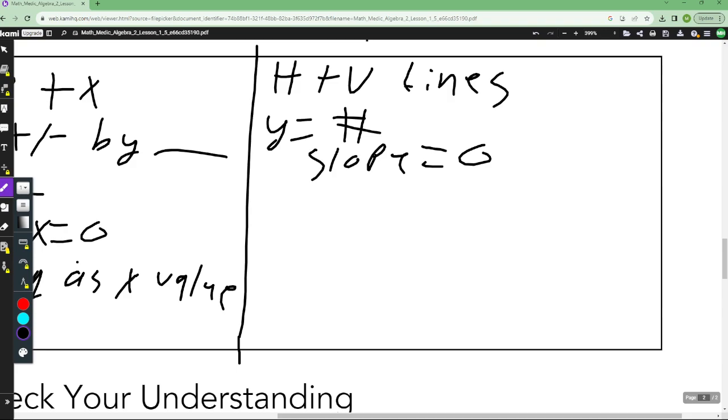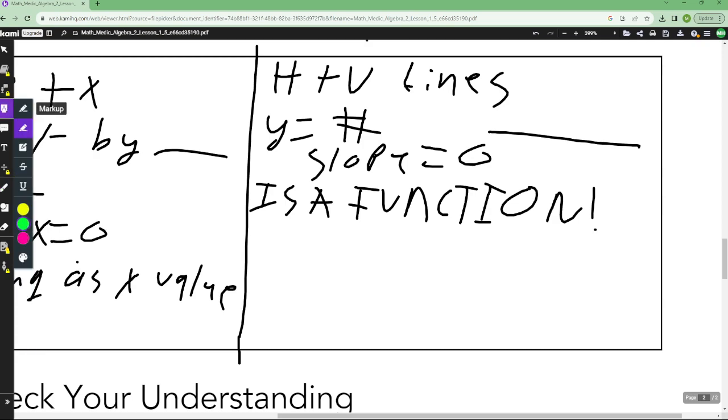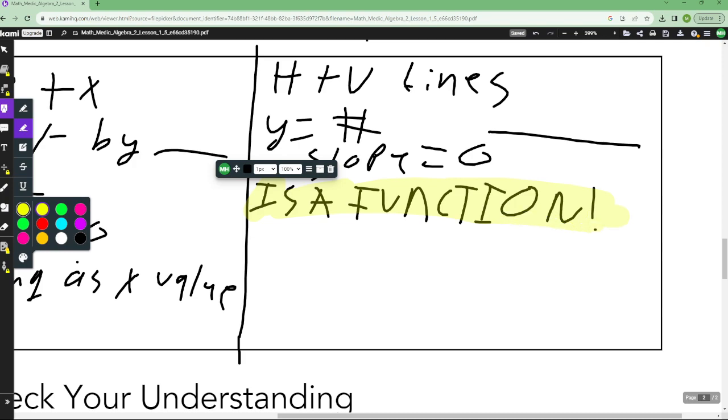There's going to be a straight line across, and they are a function. I would recommend highlighting or circling that.